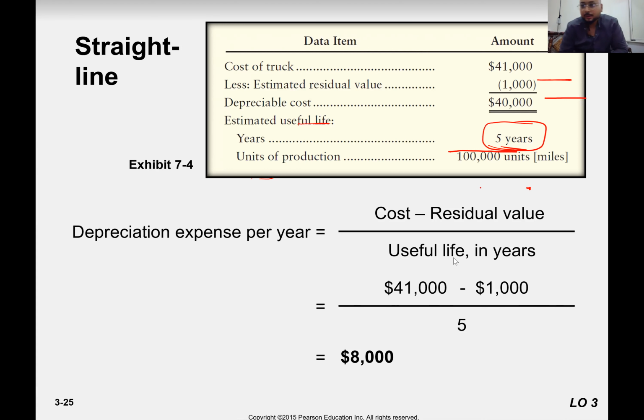Now, every year, 8,000 will go to the income statement, right? And 8,000 will go to accumulated depreciation in the balance sheet. If you recall our previous discussion, I told you the treatment of depreciation. We will be discussing this extensively later, but the entries remain the same.